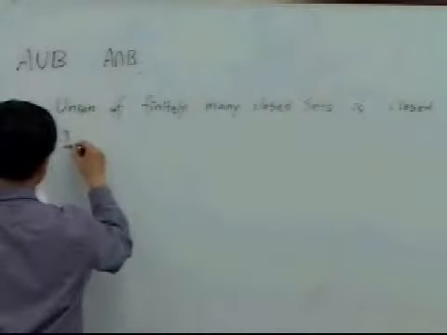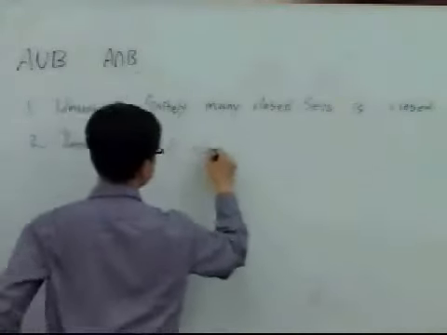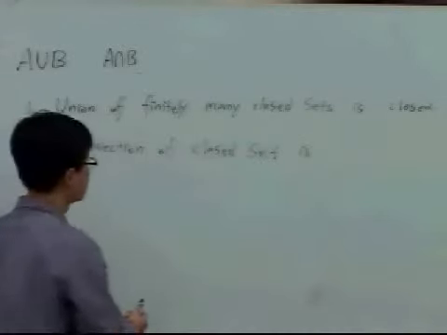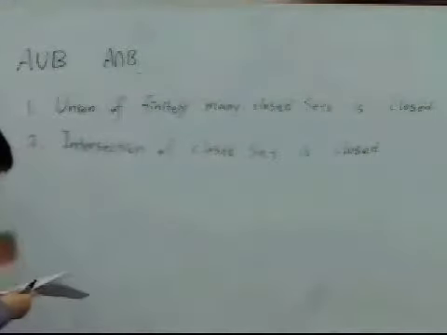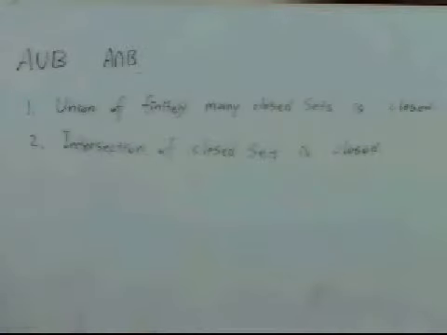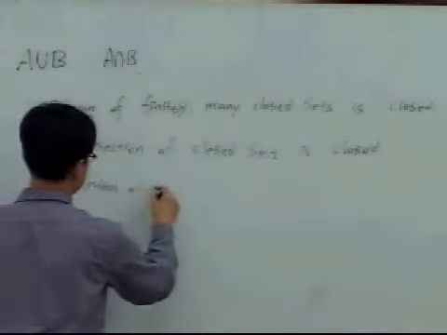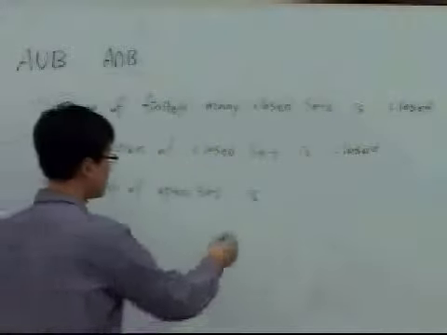That one, intersection of closed set is closed. And union of open set is also open.